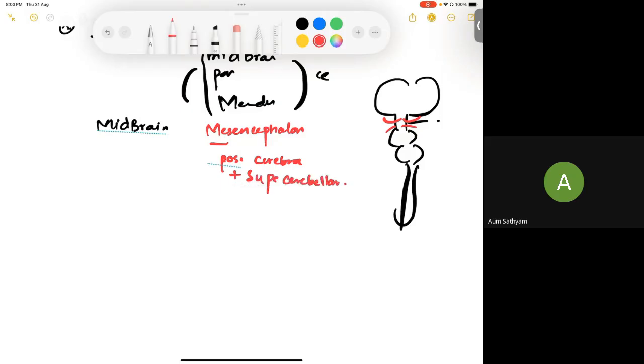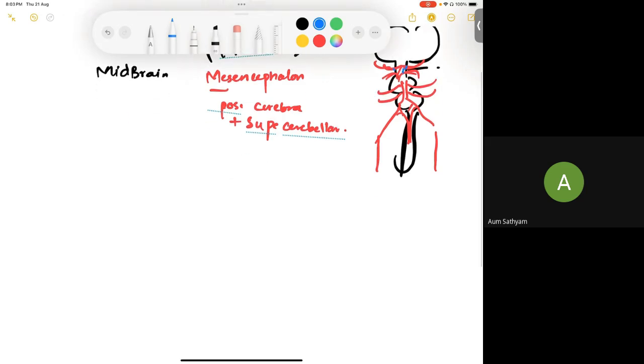Is it clear? You guys remember the blood supply? Vertebral joins at this junction, gives anterior spinal, basilar, PICA, AICA, superior cerebellar. In the end, you have the posterior cerebral. So branches of the posterior cerebral and superior cerebellar artery supply your midbrain. Is it clear?